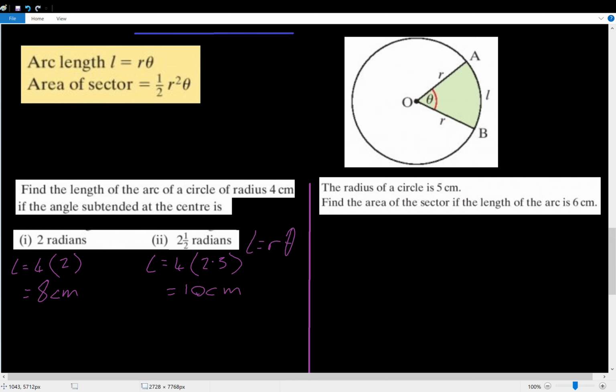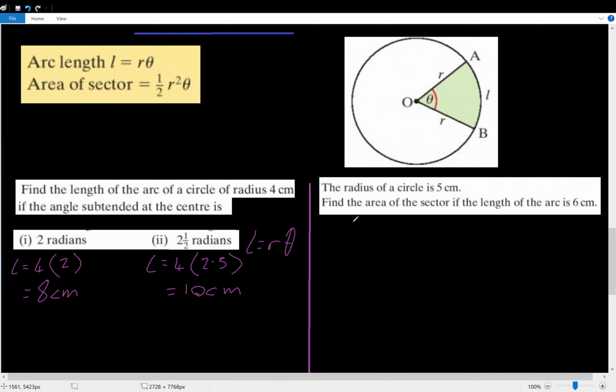So that's finding the arc length when we're given the angle in the middle and the length of the radius. Let's take a look at a different use of these, as well as finding the area of the sector. So for this one, the radius of a circle is 5 centimeters. We've got to find the area of the sector if the length of the arc is 6 centimeters. Okay, so the length of the arc is 6 centimeters.